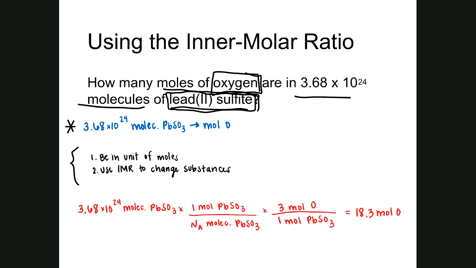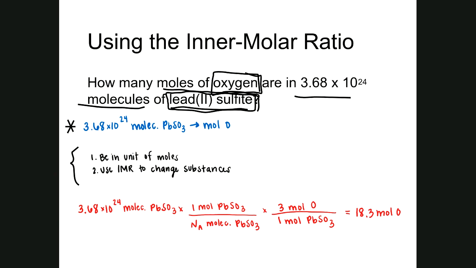Well, we saw in the last slide that in order to look at the intermolar ratio, we have to be in moles, right? We need a mole ratio. So step number 1 is to convert to moles. And then in order to convert from one substance to an element within that substance, we do the intermole ratio.